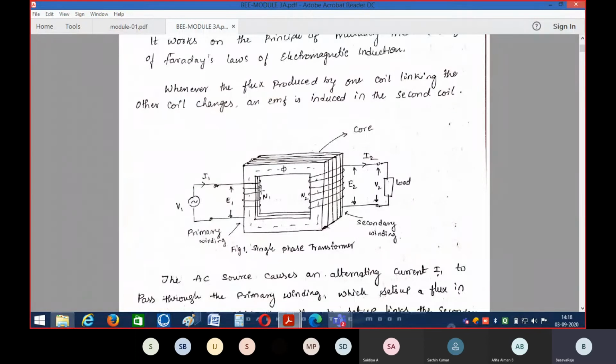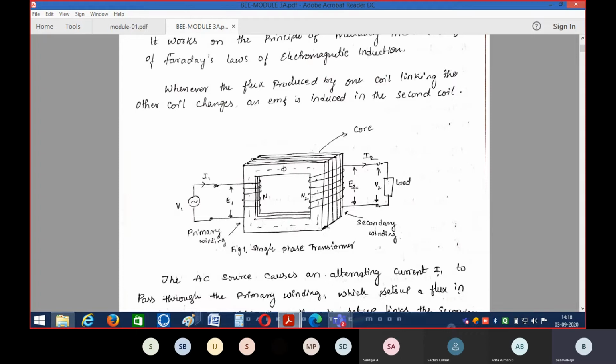This alternating flux is not only crossing the primary winding, it is also crossing the secondary winding, resulting in an induced EMF in the secondary winding also. This amount of EMF induced in the secondary winding we call E2. E2 is nothing but the amount of voltage induced in the secondary winding. Okay.